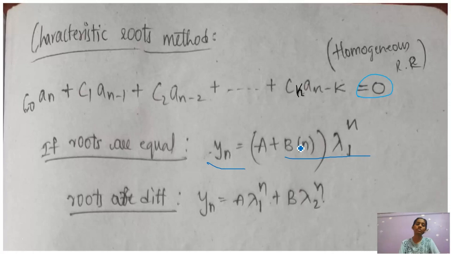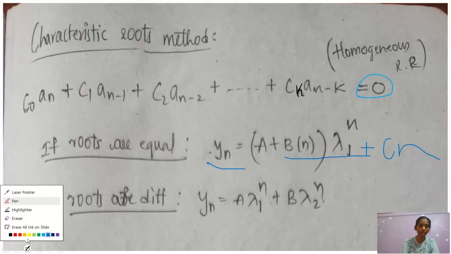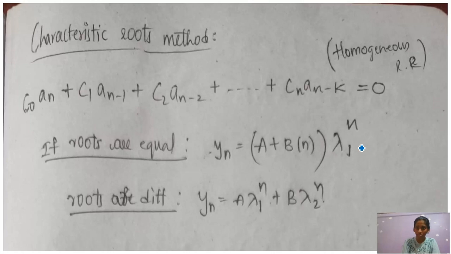What if we have 3 equal roots? We will be having an extra term, that is plus c into n square, and we'll be taking lambda 1 power n as common.